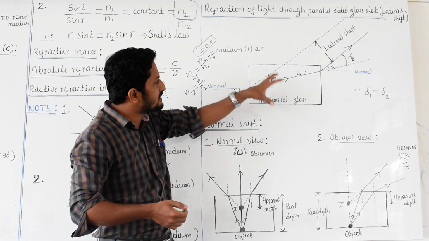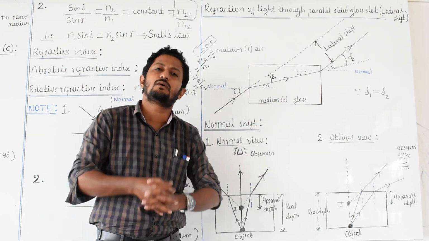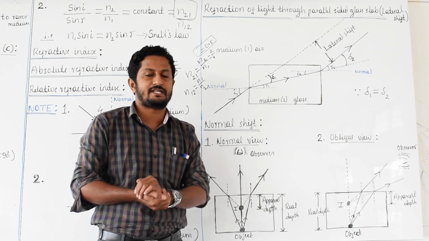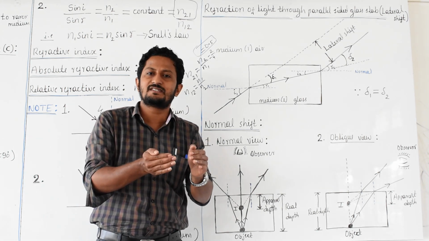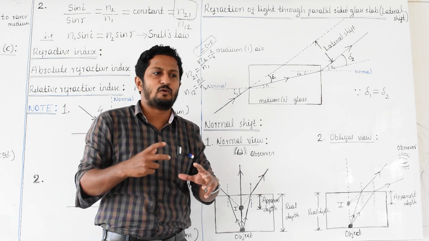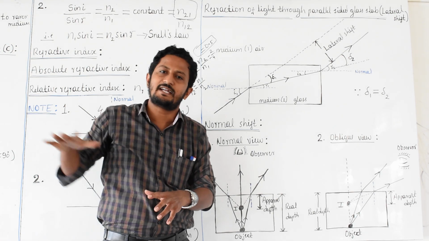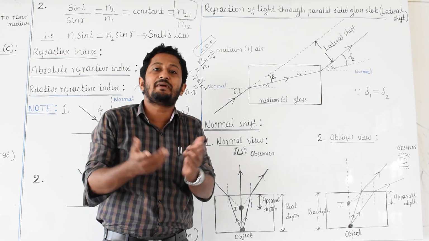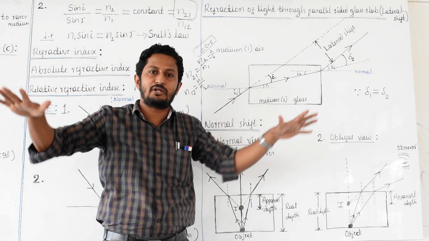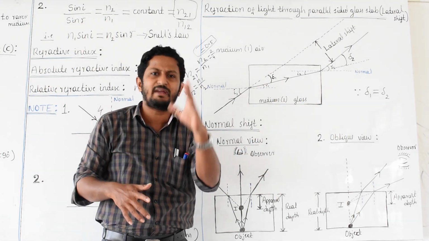Why must it be surrounded by a homogeneous medium? I said, what does homogeneous mean? Homogeneous medium means in that medium the concentration of molecules throughout its entire volume should remain the same. It means the speed of light in that particular medium should remain the same.